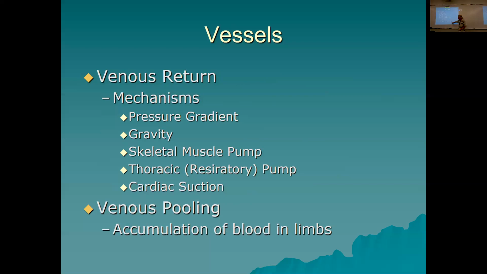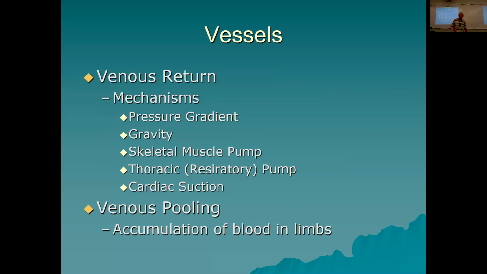Venous pooling is accumulation of blood in the limbs. This happens in what's called congestive heart disease. If your left ventricle is starting to fail, then blood will start to pool.